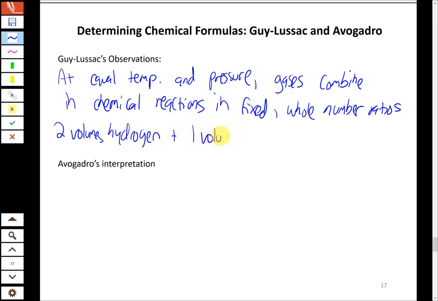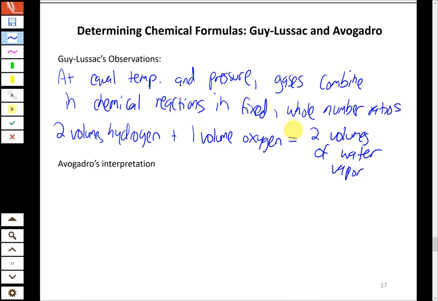They will always react in that specific ratio, and they will form 2 volumes of water vapor. So he carefully measured the volumes of gases that react with each other and the volumes of the products that form from them, and found that they always occur in very fixed and pretty simple ratios like this. Okay, so that's what Gay-Lussac found.